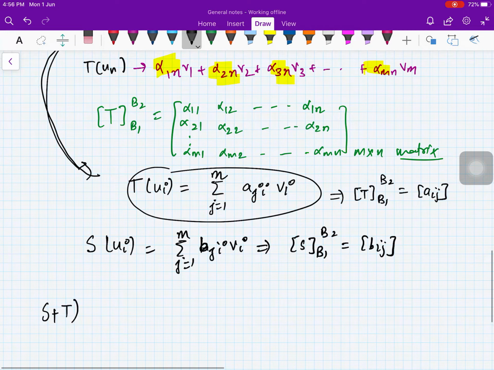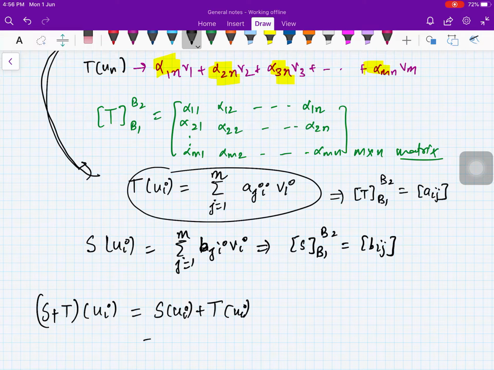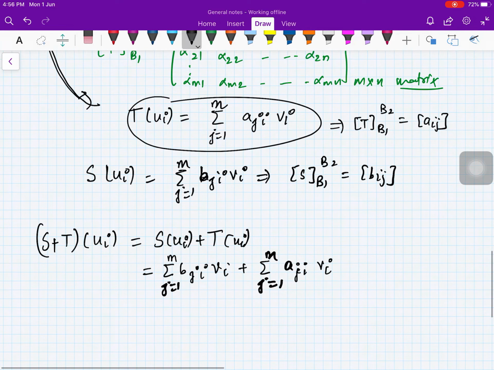Now you see, if we want to know the matrix representation of S plus T or T plus S, that is the same because it is commutative, you operate it on ui, then by definition it is S of ui plus T of ui. Now S of ui is summation j from 1 to m bji vi plus summation j from 1 to m aji vi.